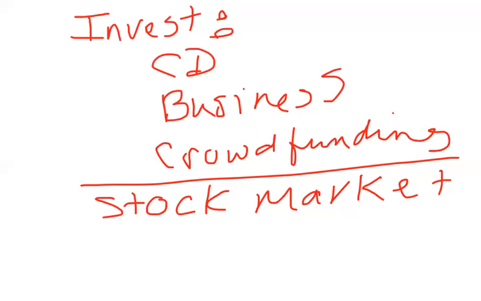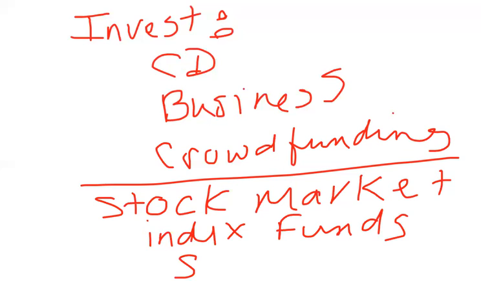So guys, if you have that $2,000 and you don't need it for the next 3 years, you could take that money and invest in the stock market. The easiest way, I like to call it the lazy way of investing in the market, is through what we call index funds. And one of the most common index funds is the S&P 500. Typically, it has an average rate of return of 7%.